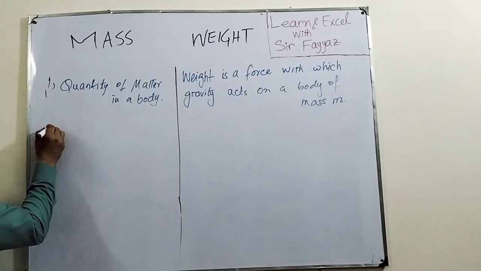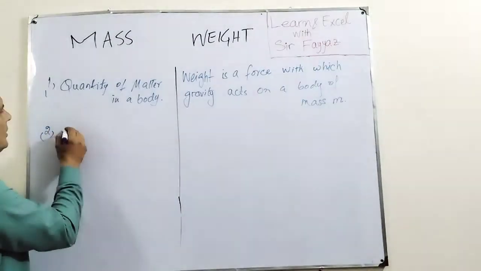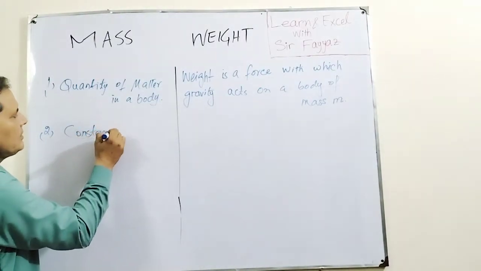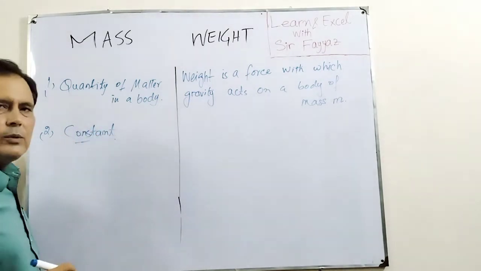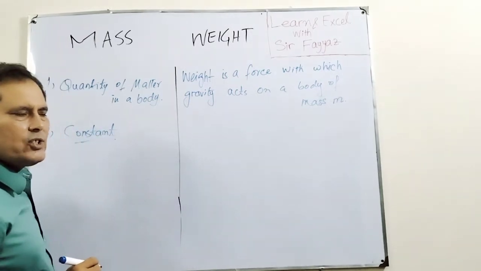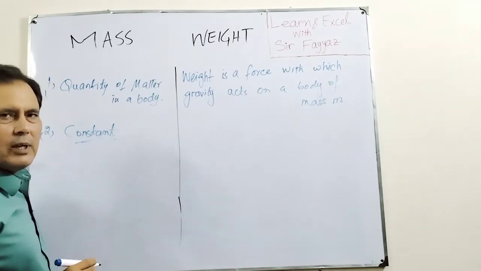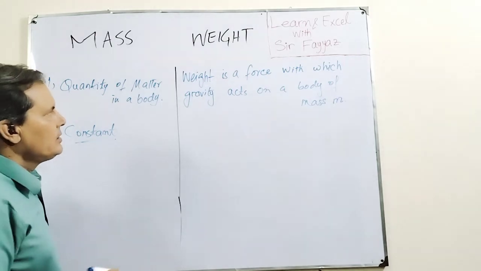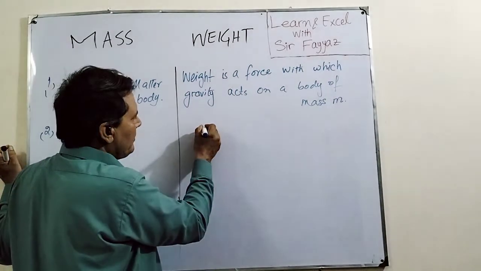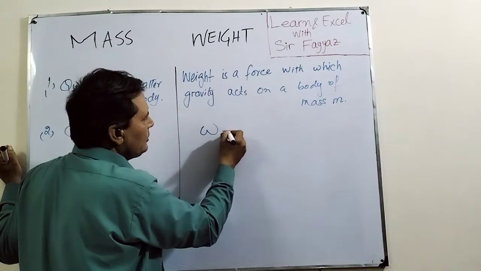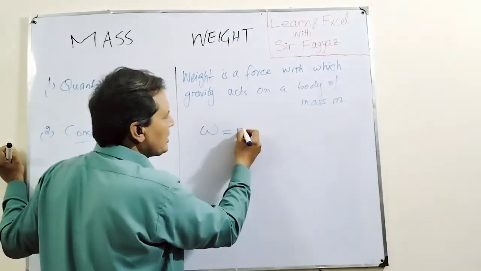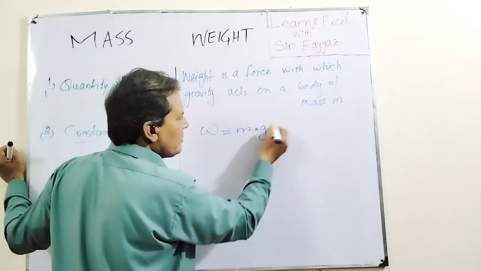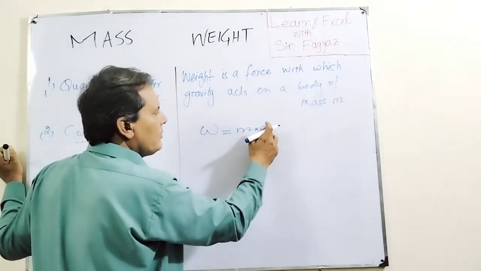Number two, mass of a body is a constant value, it's a set value. It doesn't change with respect to place or location. While weight is represented by W, and it is the product of mass of the body times gravitational acceleration of the earth.